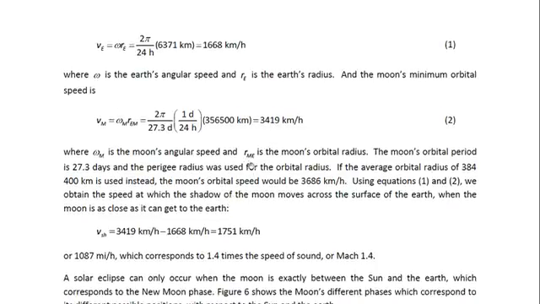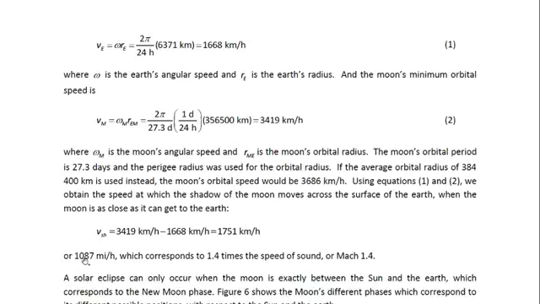And then the moon's shadow will move across the Earth at 3,419 kilometers per hour minus the Earth's orbital speed, and that gives us 1,751 kilometers per hour.